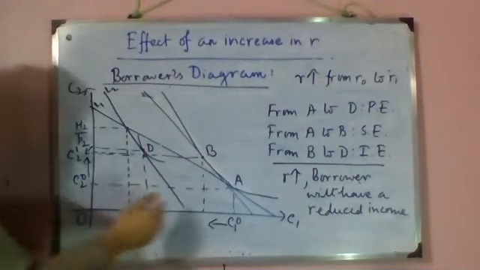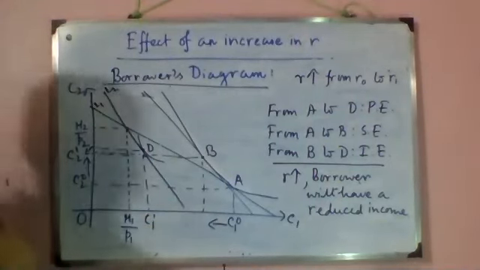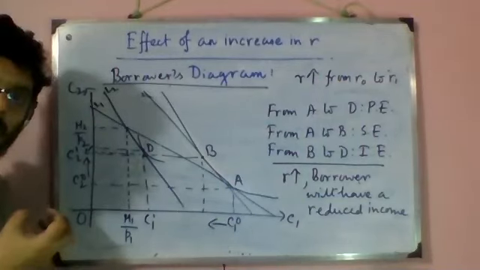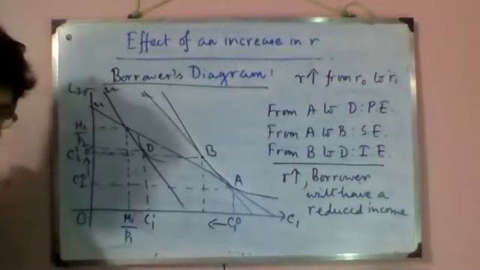Okay, C1 reduces further, and here in this diagram C1 reduces a lot. Now that is quite natural, right? Because substitution effect gives the consumer an incentive to increase C. Again, rate of interest increases, so with reduced income, the consumer will definitely go for a lower bundle. Okay.